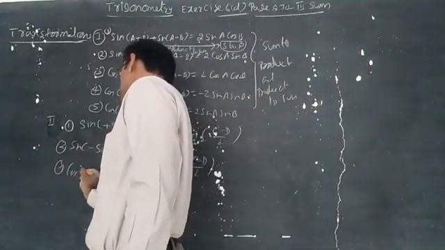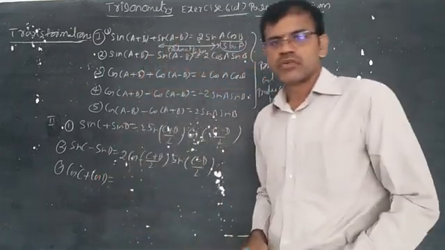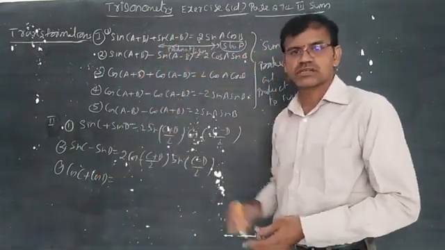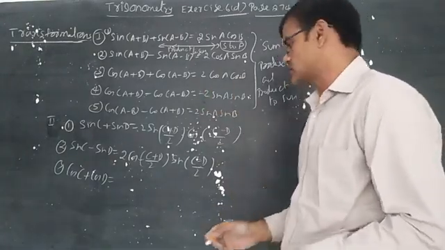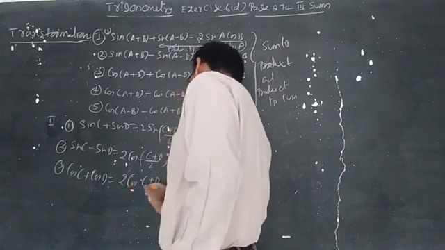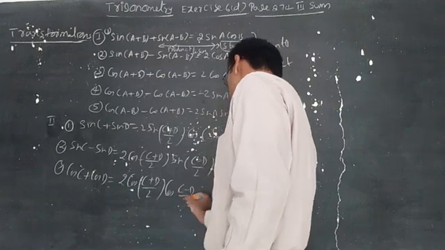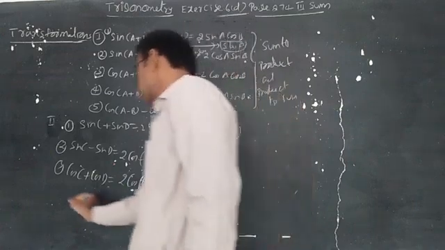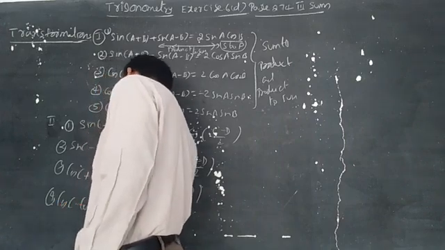Third one, cos c plus cos d. Whenever cos of a plus b plus cos of a minus b is there, we get two cos terms, 2 cos a cos b. In the similar way, you can write here 2 cos of (c plus d) by 2 into cos of (c minus d) by 2.